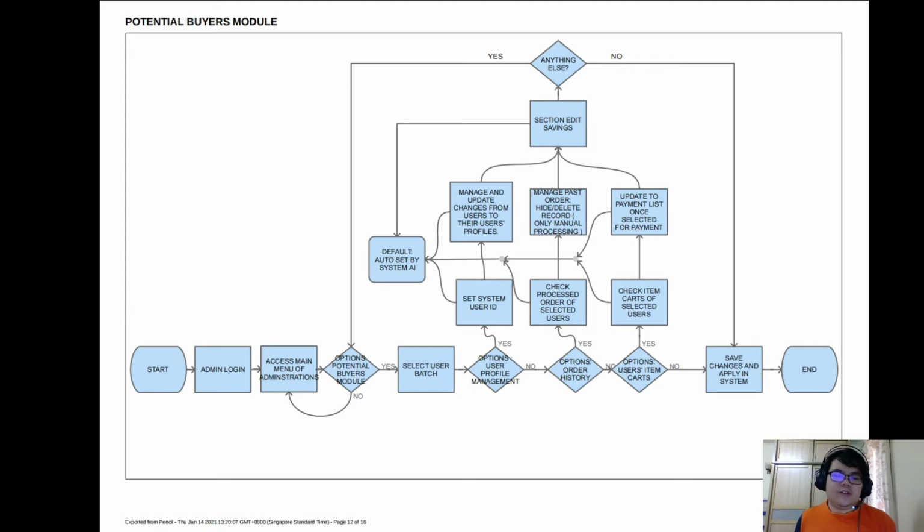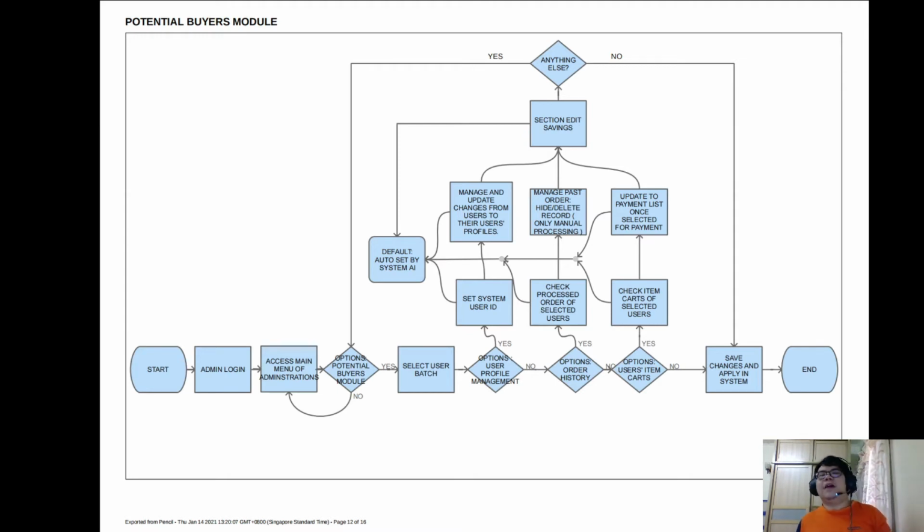Here they can choose the options to go to different modules for admin. For now, they choose to go for potential buyers module. They first select a user badge and see.